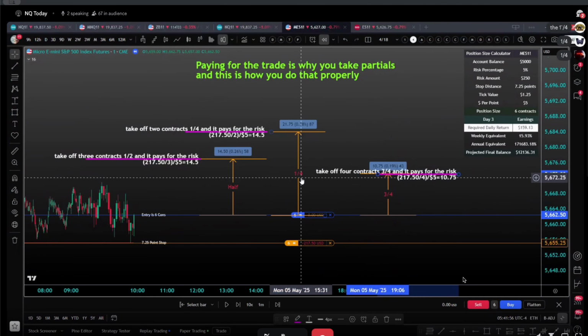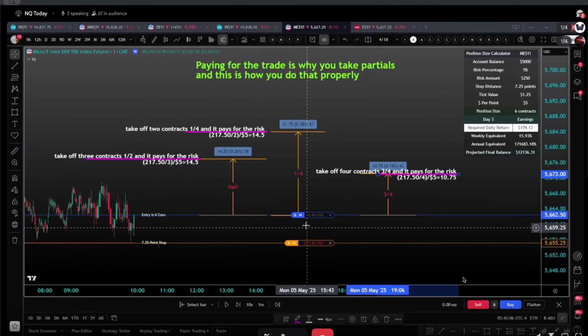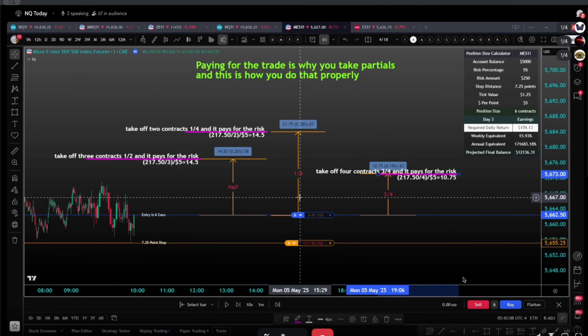This one. But which one is more exposed to taking the 217 on the chin without covering the cost? This one. Why?